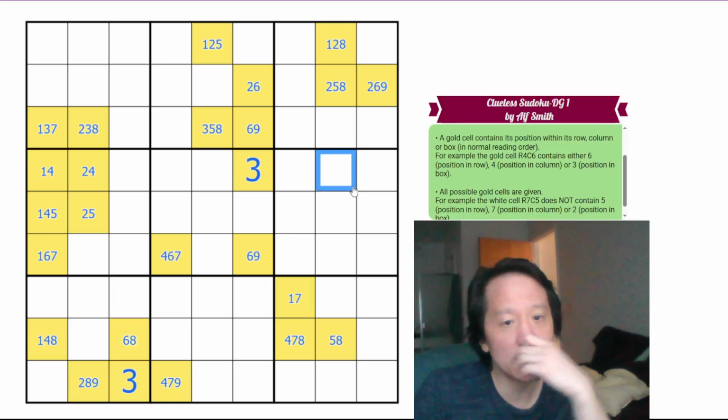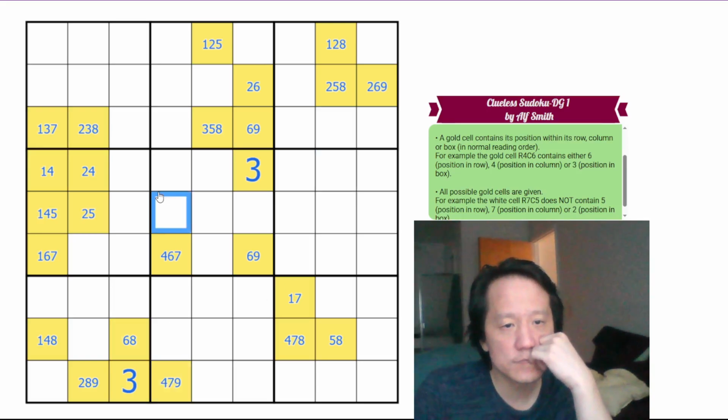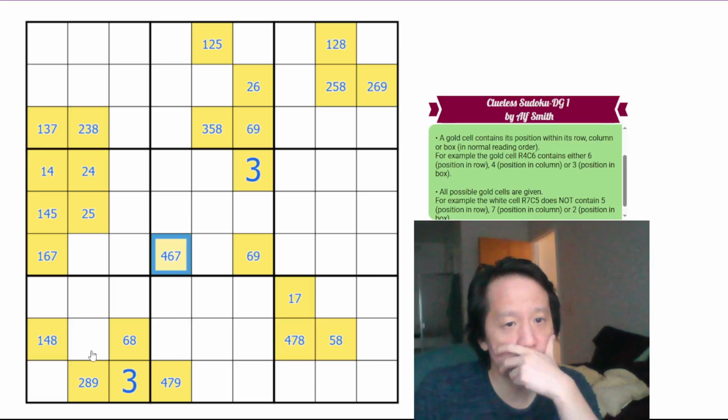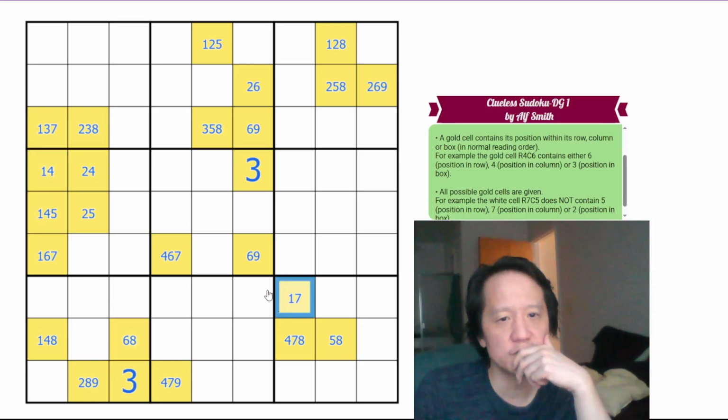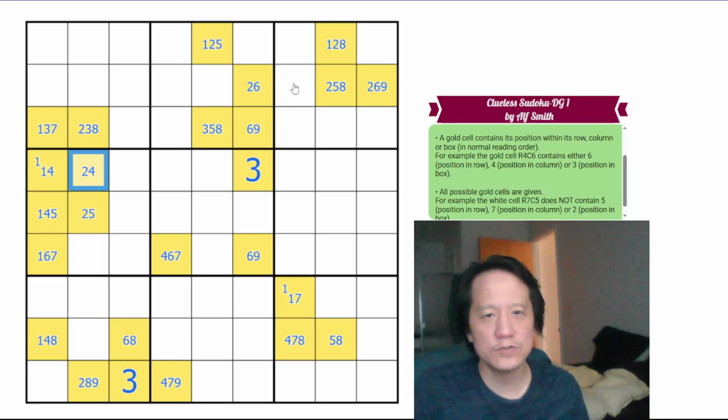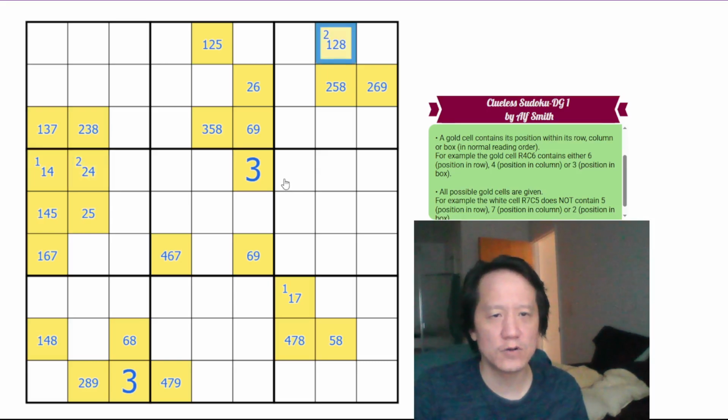We need... That's interesting. So in these, one of these is a 1 here. 2s can be here or here or here.